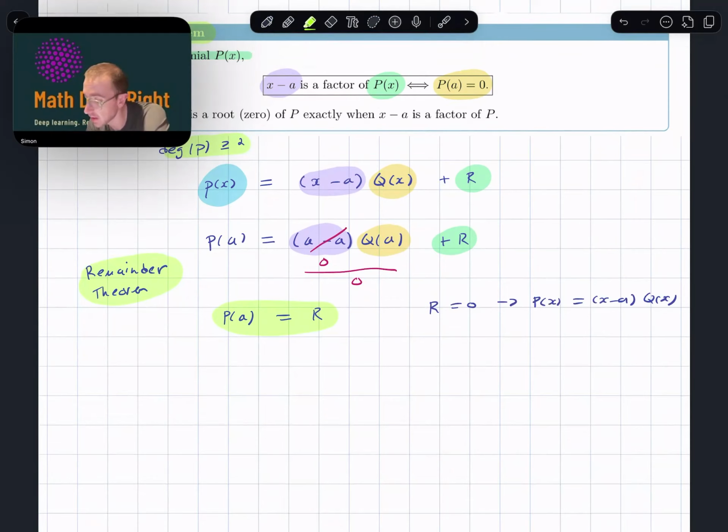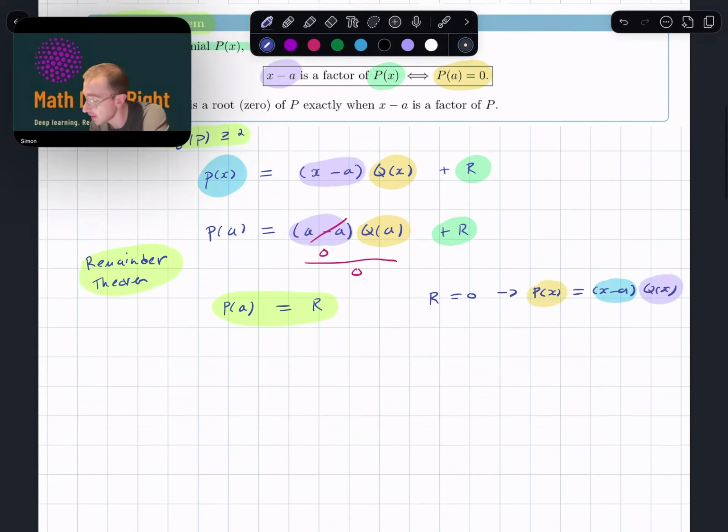This is what it means for x minus a to be a factor of p, right? p is equal to x minus a times some other polynomial q of x. So if r is equal to 0, then p of x is equal to x minus a times q of x, and x minus a is a factor.